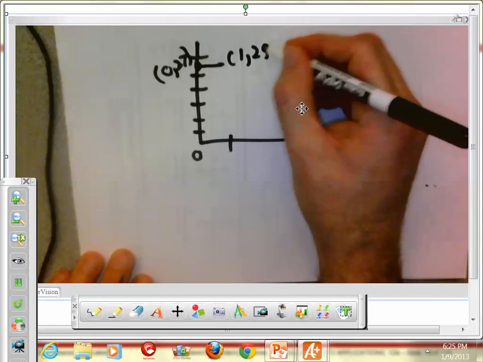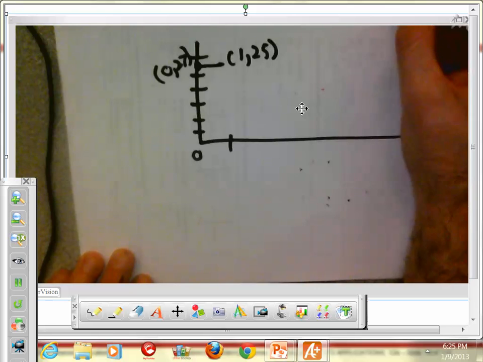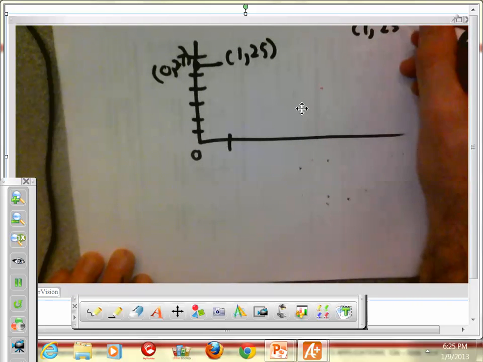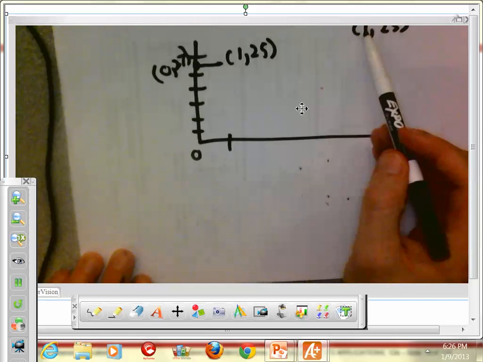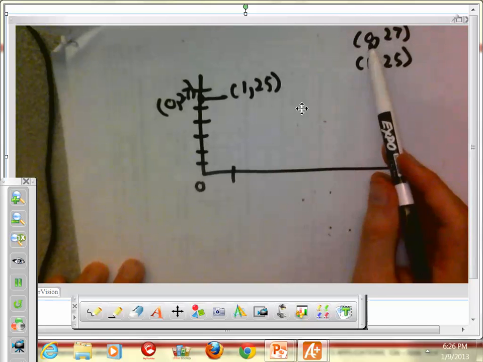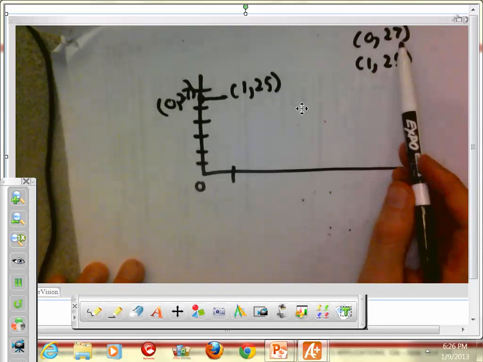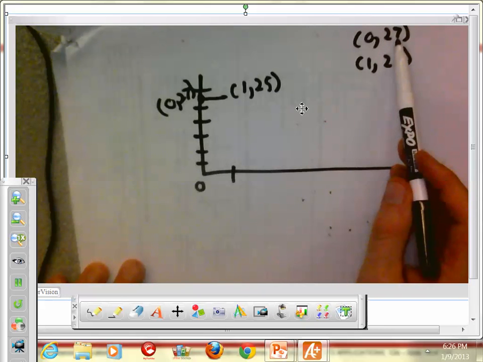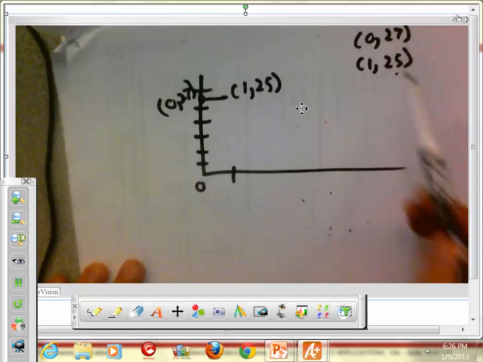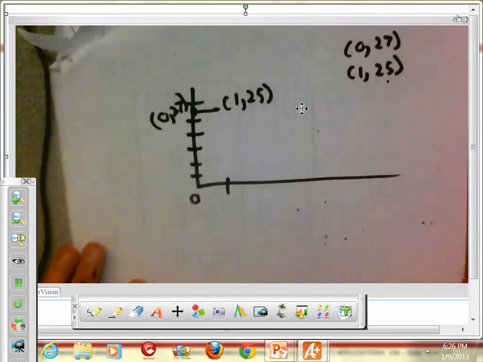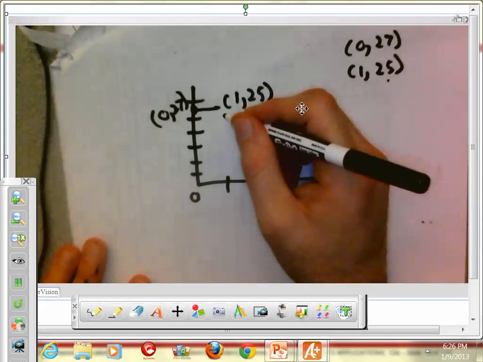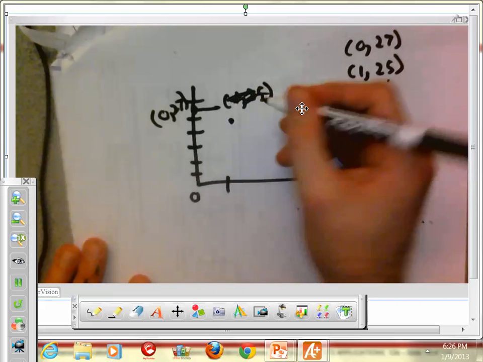So I have these 2 points over here, 0, 27, and 1, 25. The slope is -2, so if I increase 1 in the x direction, going from 0 to 1, since the slope is -2, increasing 1 in the x direction says I decrease by 2 in the y direction. The slope is -2, so go from 27 to 25. And I'm going to wind up with a point over here, which is 1, 25.